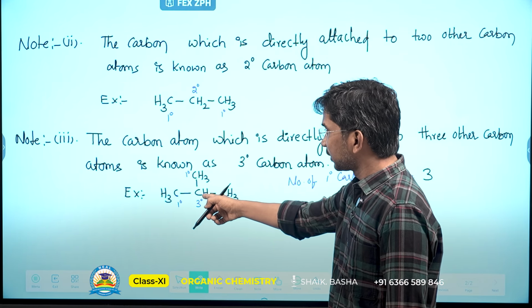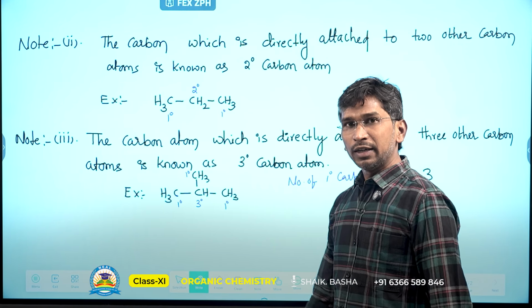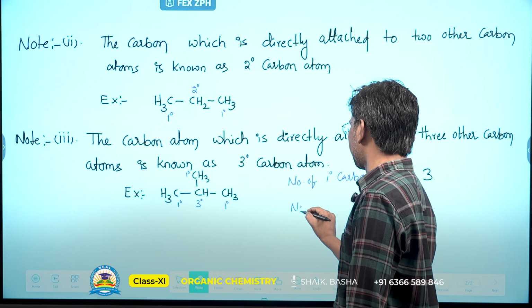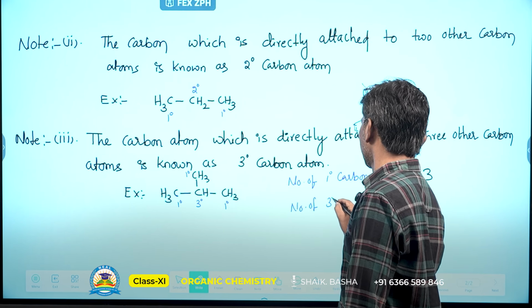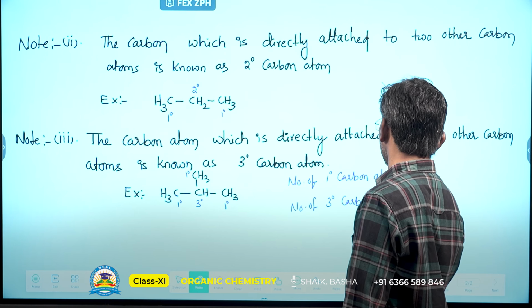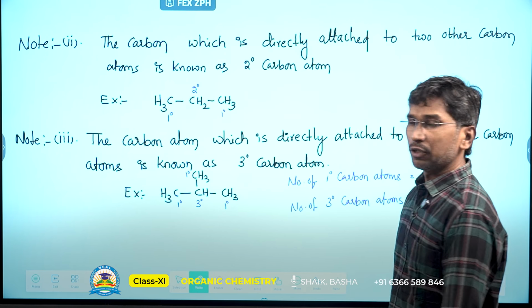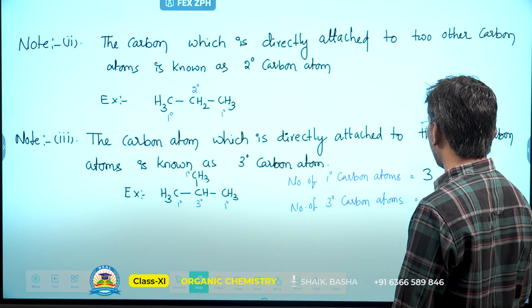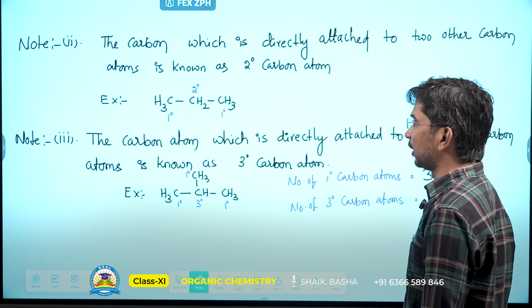Next one, in this example, how many tertiary carbon atoms are there? Number of tertiary carbon atoms. Only one tertiary carbon atom is there. So I am writing only one tertiary.